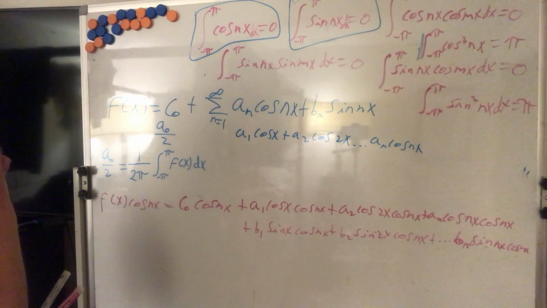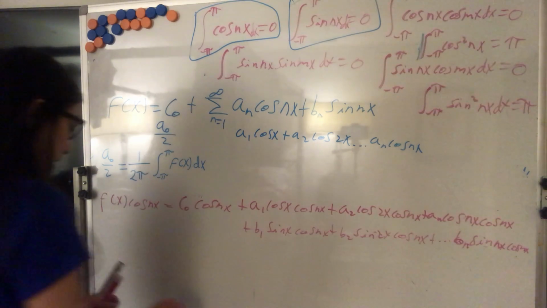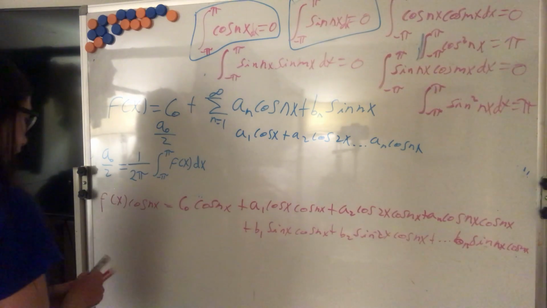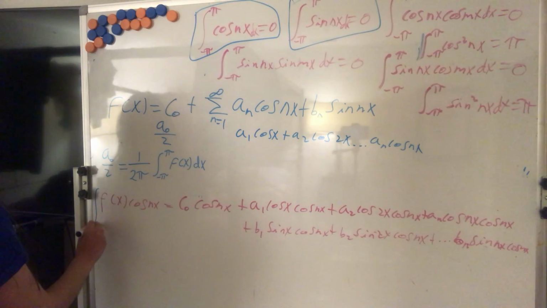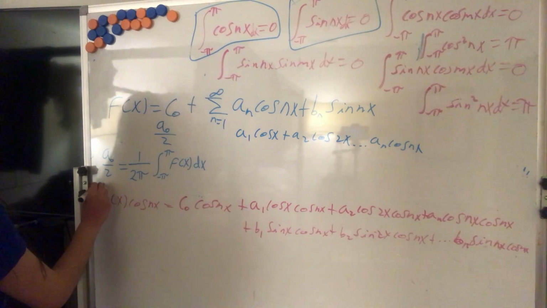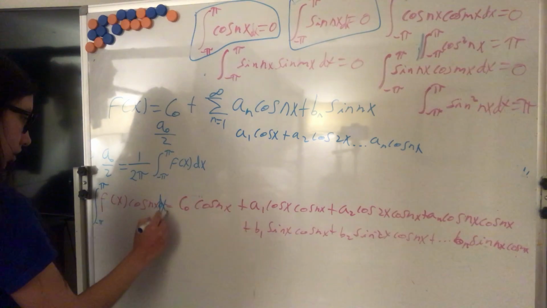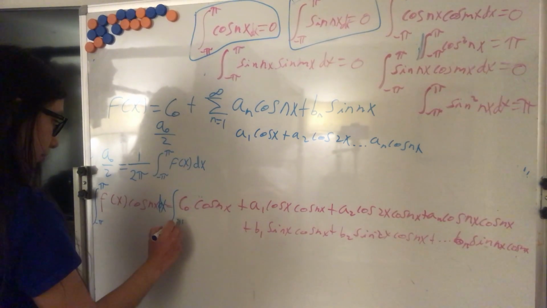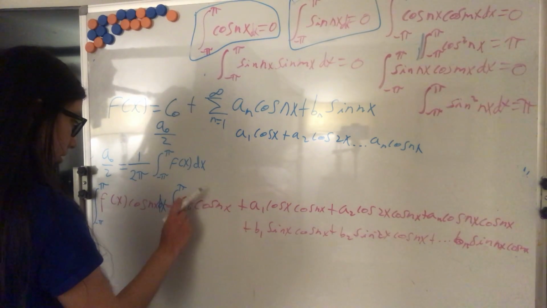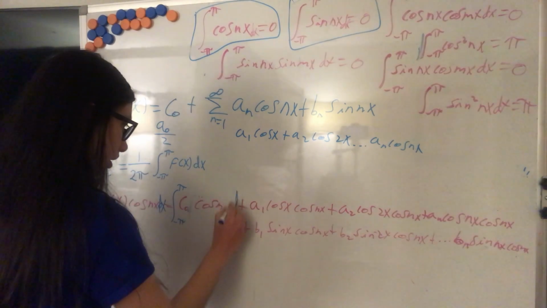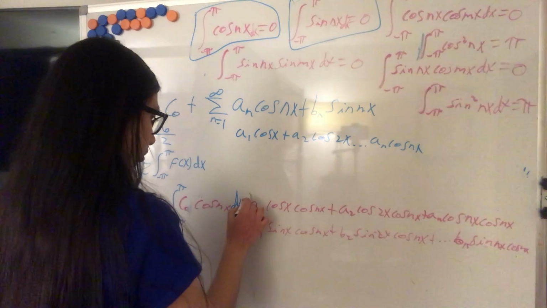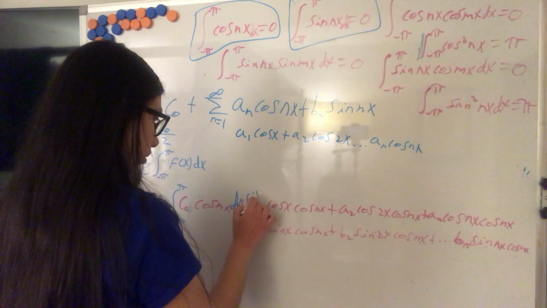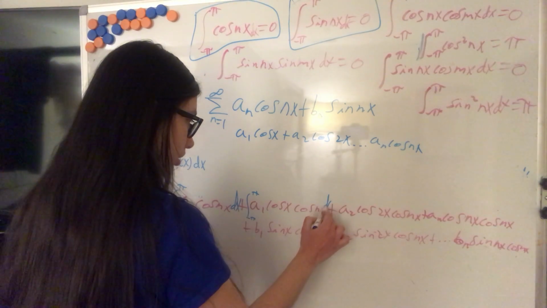Alright, so now let me do the definite integral from minus pi to pi dx on both sides. So the definite integral from minus pi to pi dx, and here the definite integral from minus pi to pi dx.